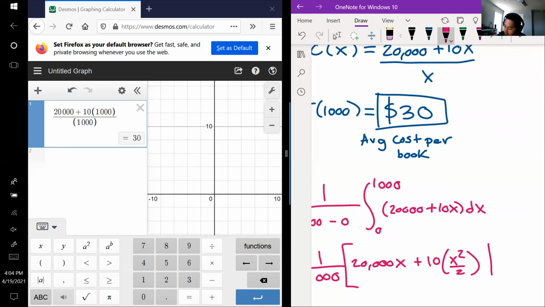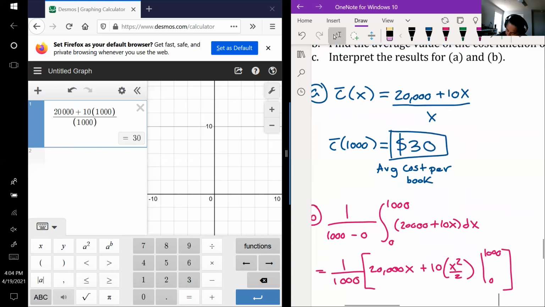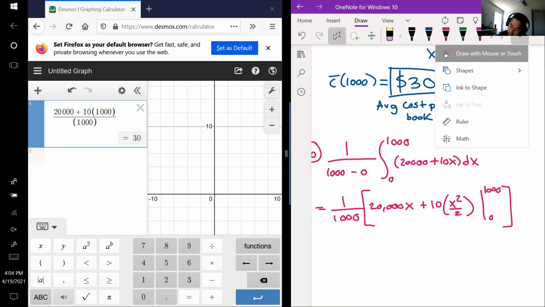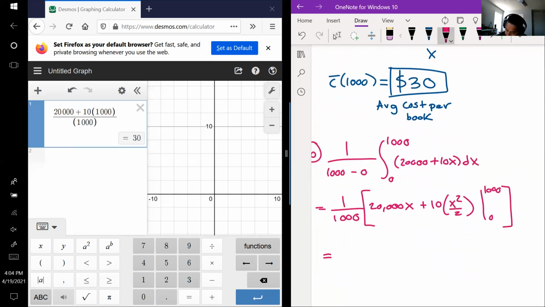And we evaluate from 0 to 1,000. Okay, one last cleanup. It's 1 over 1,000 times 20,000x plus 5x squared from 0 to 1,000.